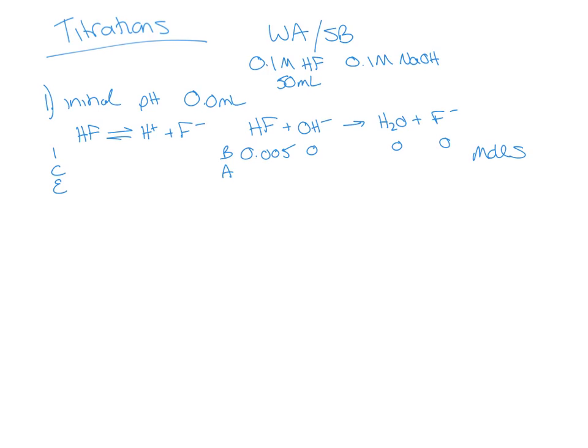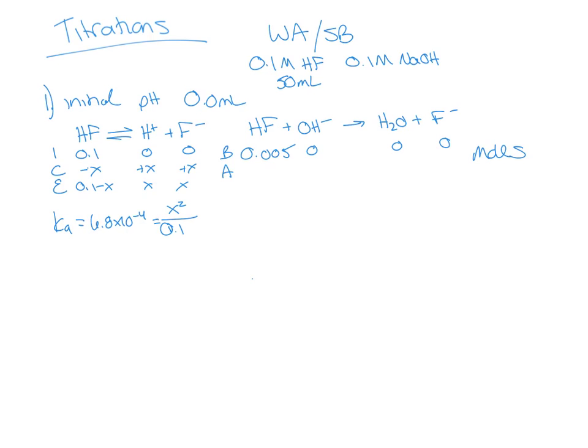Okay, so my concentration of HF is 0.1. I have none of this and none of this. My change is going to be minus X, plus X, plus X. So this is 0.1 minus X, this is X and this is X. You can make the assumption, which I'm going to do for ease and quickness here, that the Ka, which is 6.8 times 10 to the negative fourth, equals X squared over 0.1.